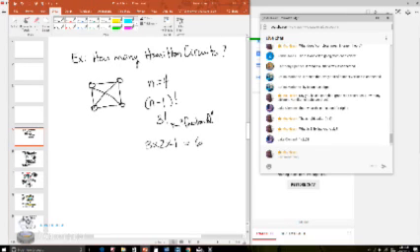Okay, so any other questions about Hamilton or Euler circuits before we go back and talk about the cryptography question?